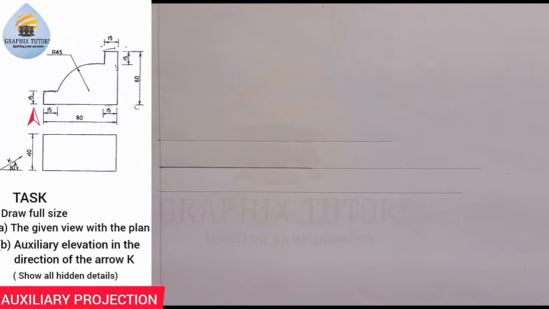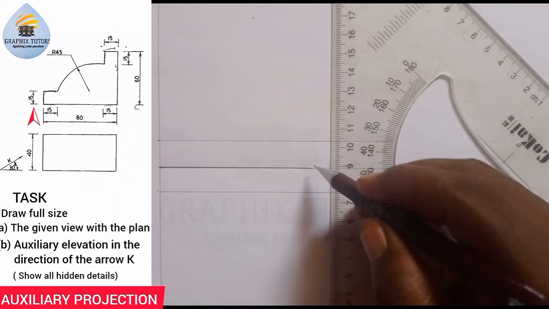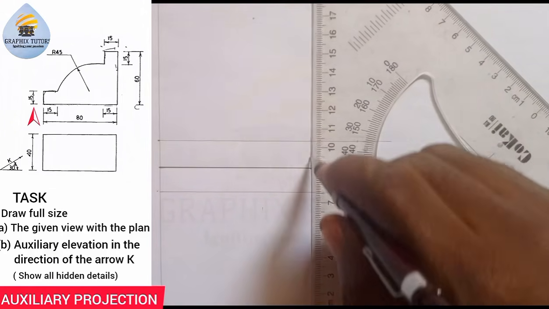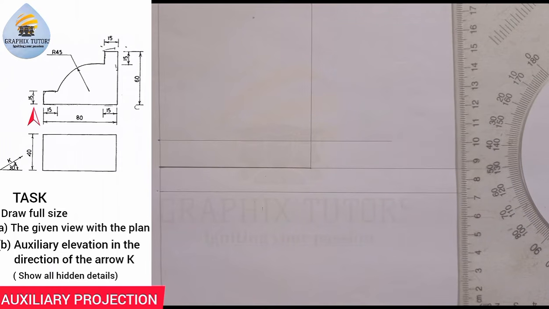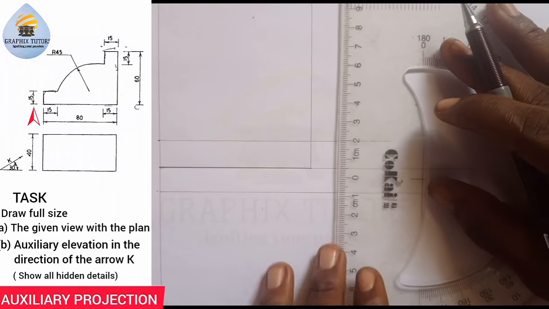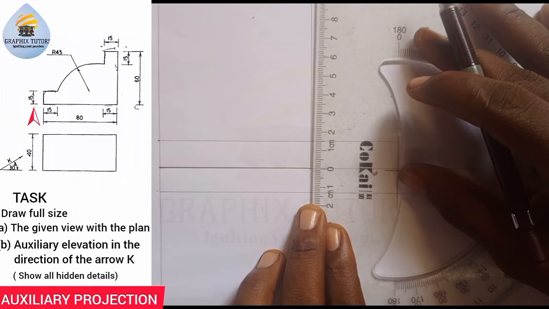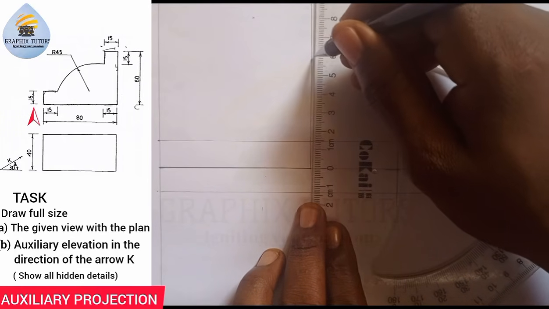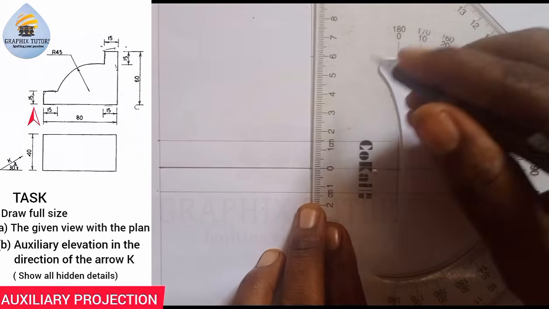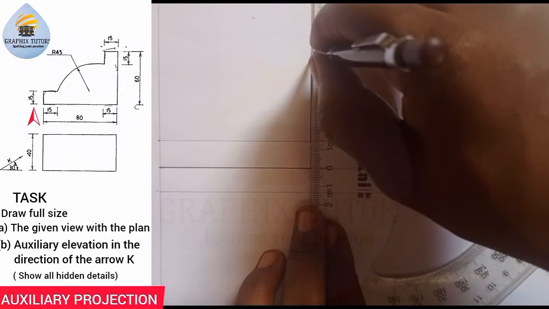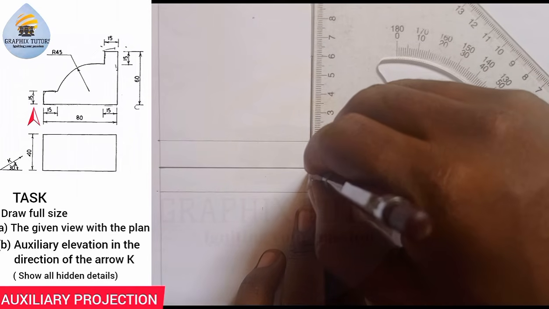You can see that. Now I'll draw from that 80, I'll draw a vertical line this way, and the height is given to be 60 from here, as you can see. So I'm going to measure 60 from here, from 0 to 6 is 60, and I can easily thicken it because it is thickened from the main diagram here, right?